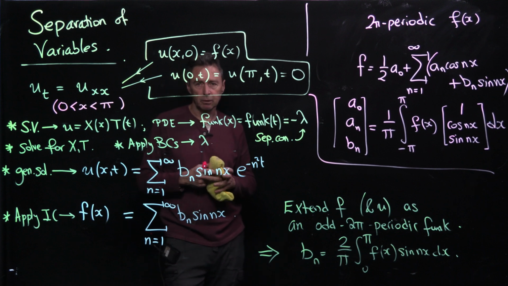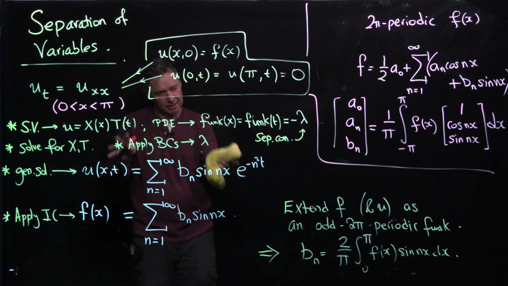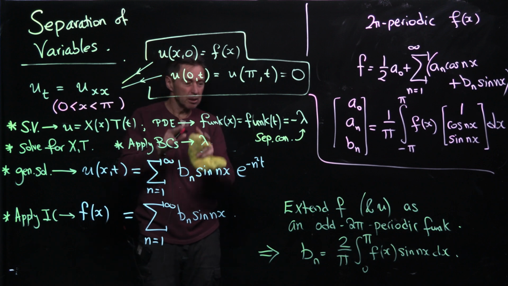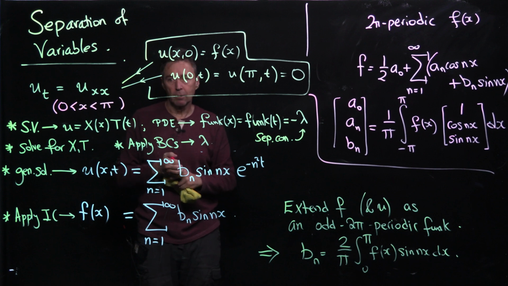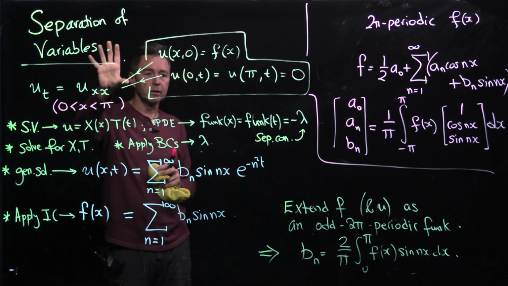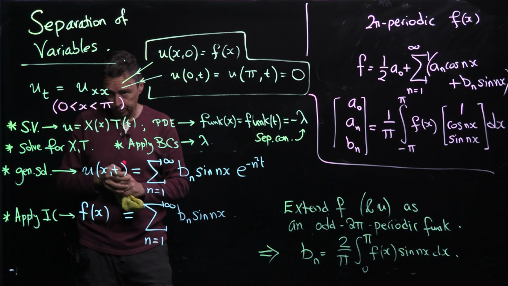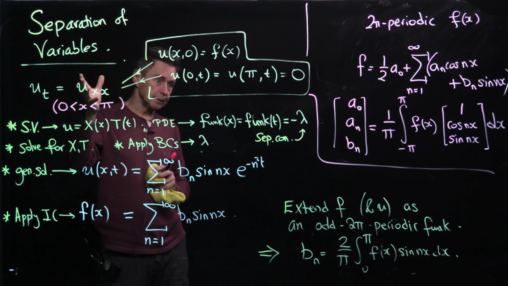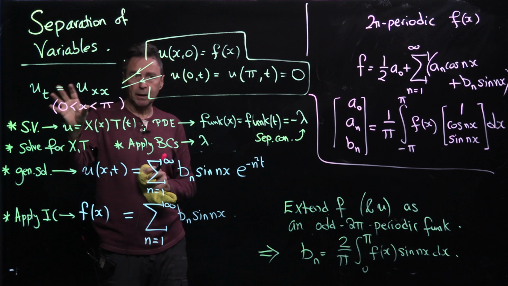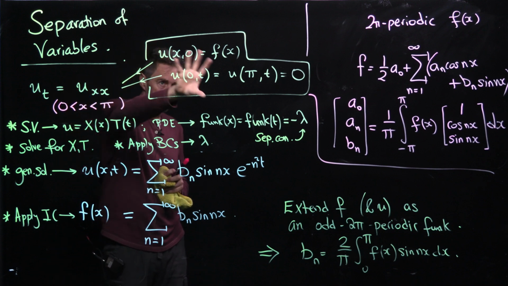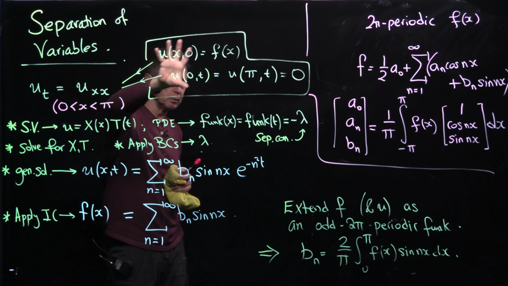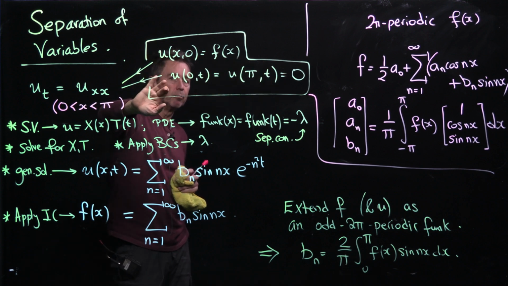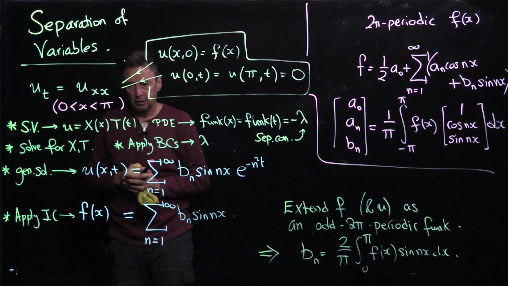Let's try a different example, just to see the method in action on something slightly different. So I'm going to switch the heat equation for one of the other three important PDEs. Let's go with Laplace's equation. So I'll solve Laplace's equation, and then there's going to be some boundary conditions to replace this combo of boundary and initial conditions.